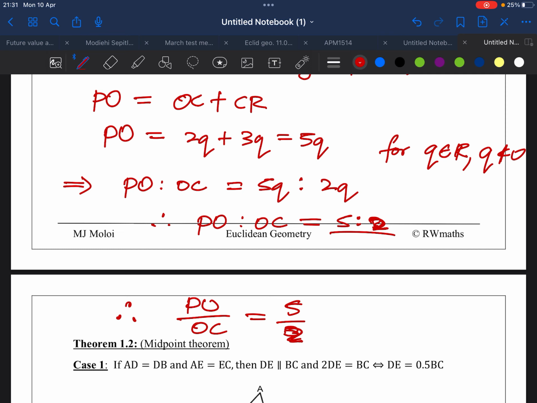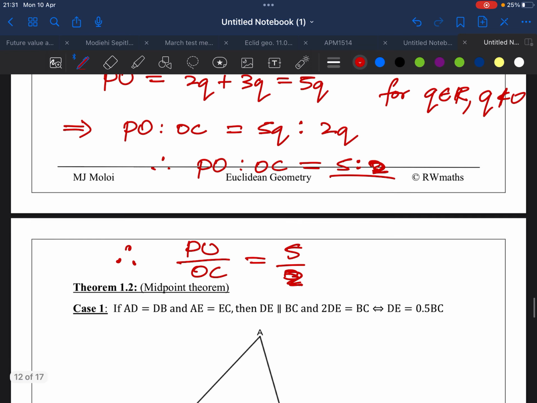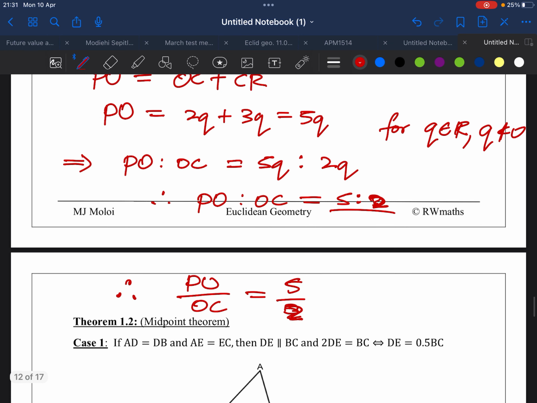That's how you solve PO over OC. So now I hope it is clear. PO is to OC is equal to 5:2, as required.